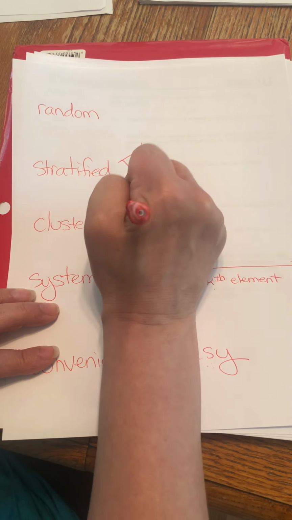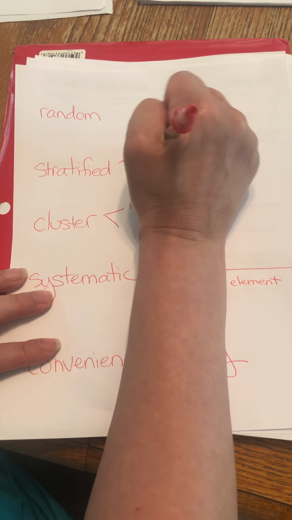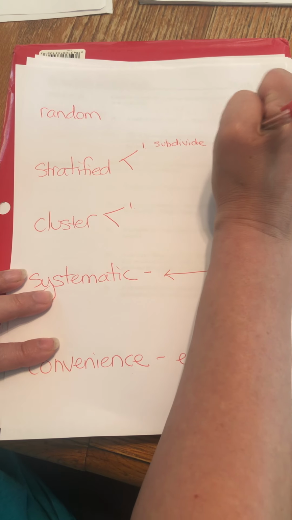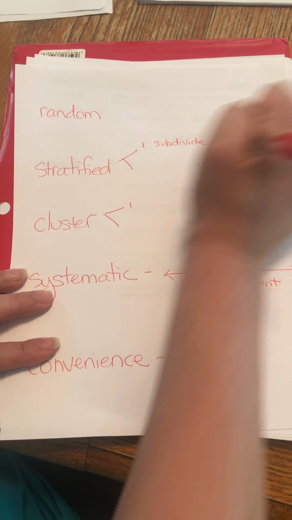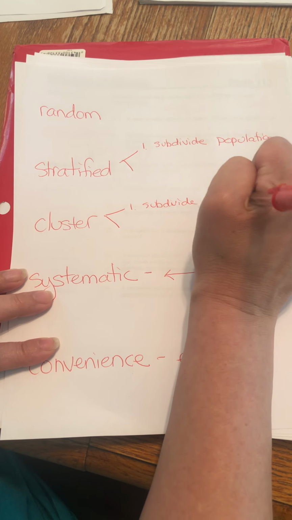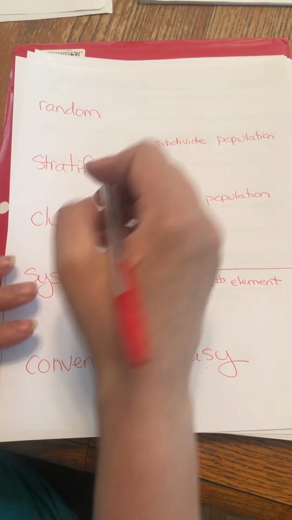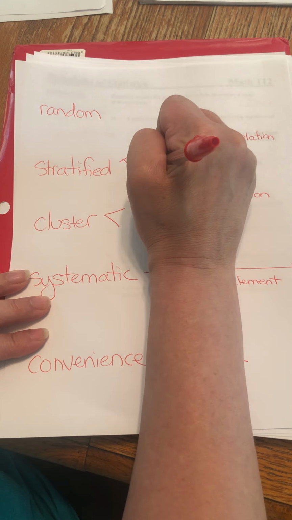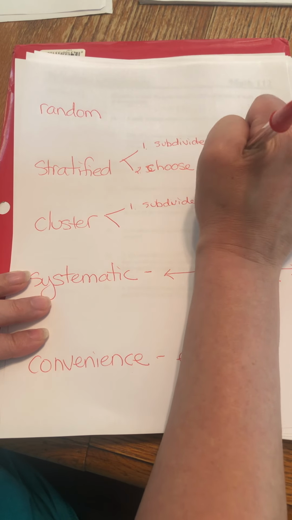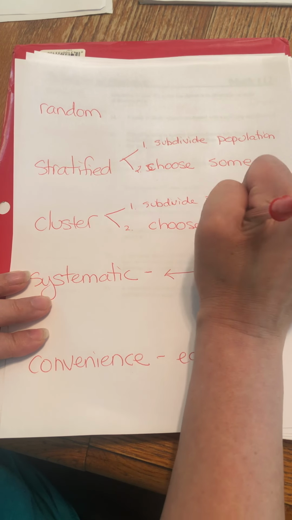All right, stratified and cluster are the two hardest because they have a two-step process. And the first step on both of them is the same. The first thing you're going to do is take your population and subdivide it. The difference is after you subdivide them into groups, in stratified you choose some, whereas in cluster, you choose all.